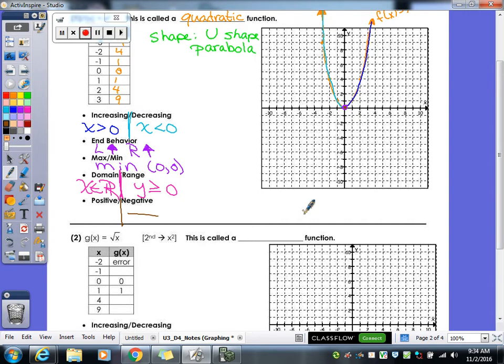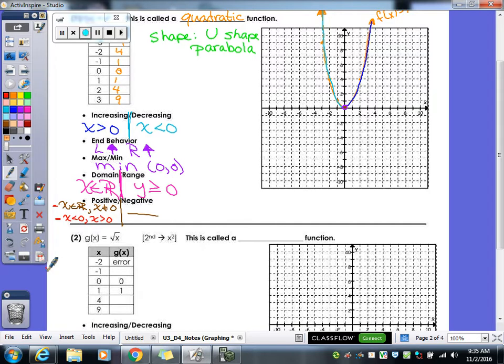It's just 0. So for positive, we have two ways that we can write it, and you can really choose either of the two ways. We can say x is an element of the reals, comma, x cannot equal 0. So that means it would be positive for every single number except for when x is 0. Or the other way you could write it is x is less than 0 and x is greater than 0.